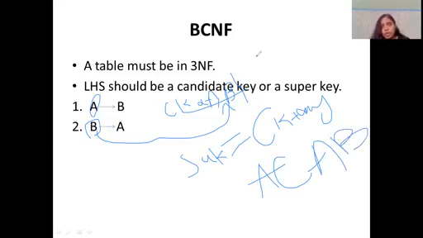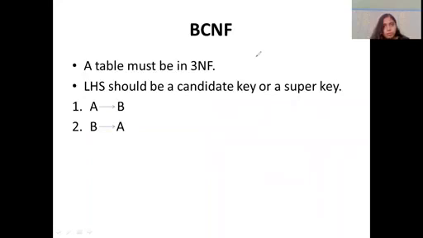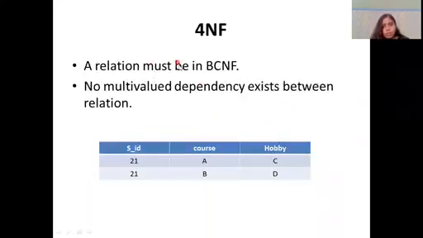The next type of normal form that I have is fourth normal form. So let me start with that. For fourth normal form, the relation must be in BCNF. To make sure a table is in 4NF, the relation must satisfy the criteria of BCNF. The condition for 4NF is that no multi-value dependency exists between relations.